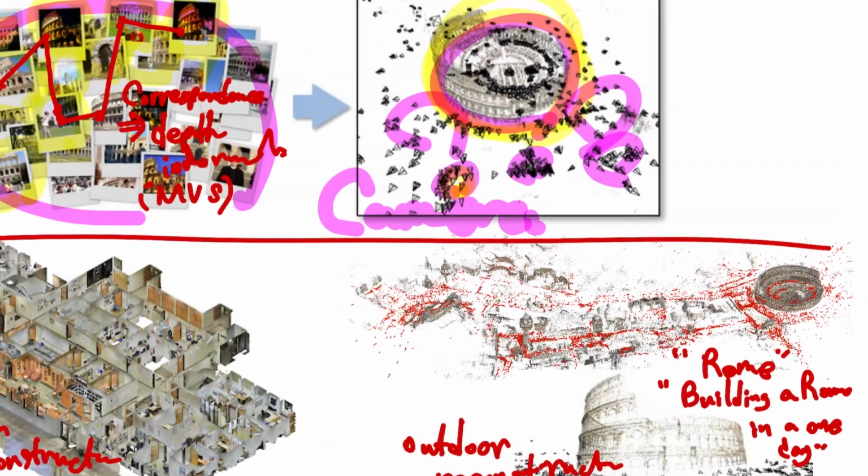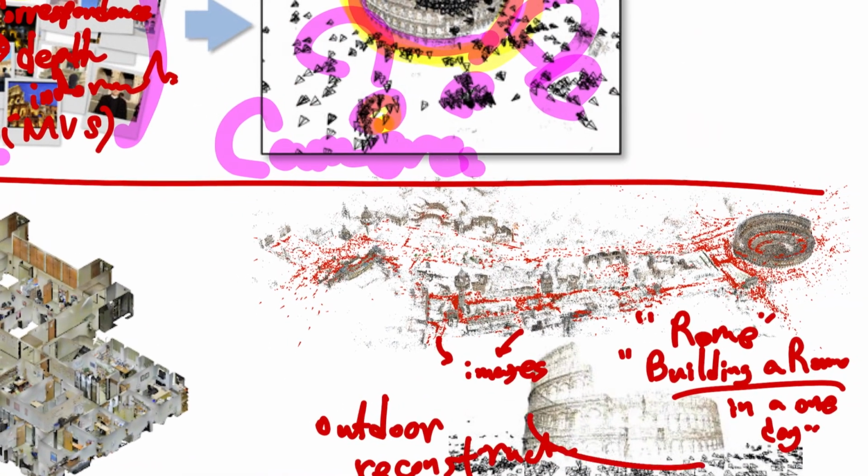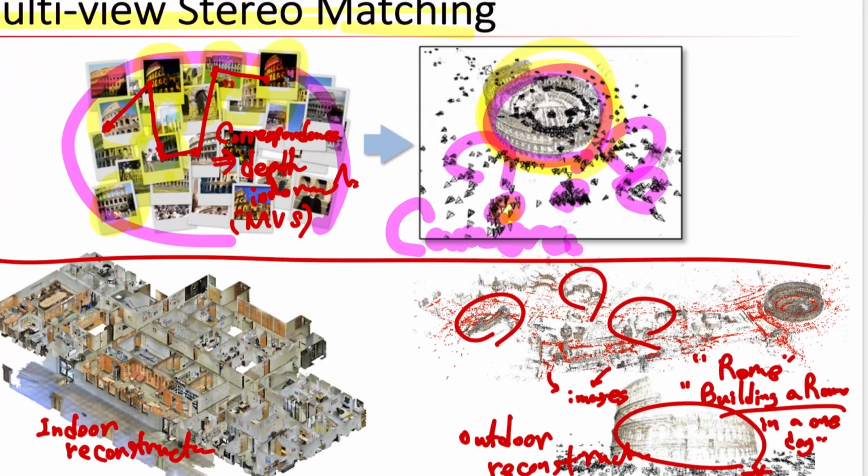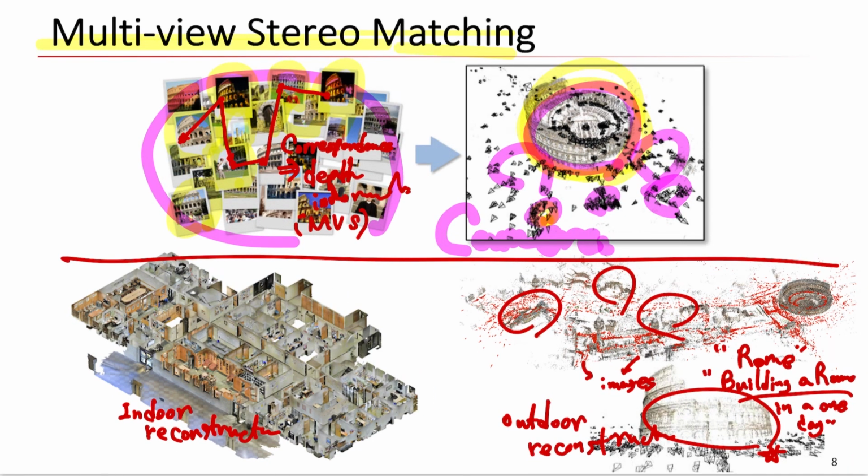In this paper, they tried to build Rome by using so many images. They reconstructed the Colosseum, something like this, and other landmarks by only using computer vision techniques. So this is a very intuitive and interesting application.